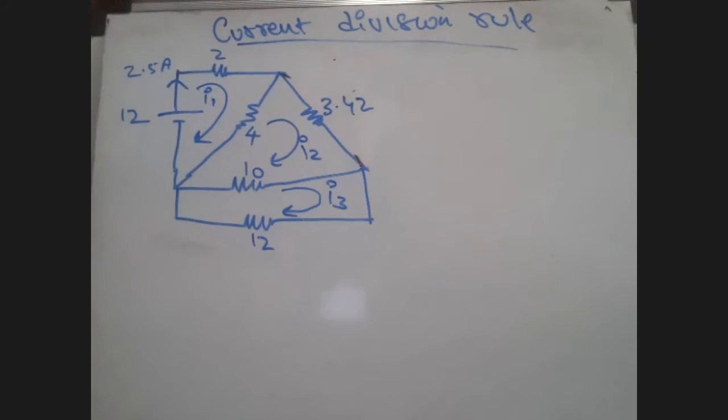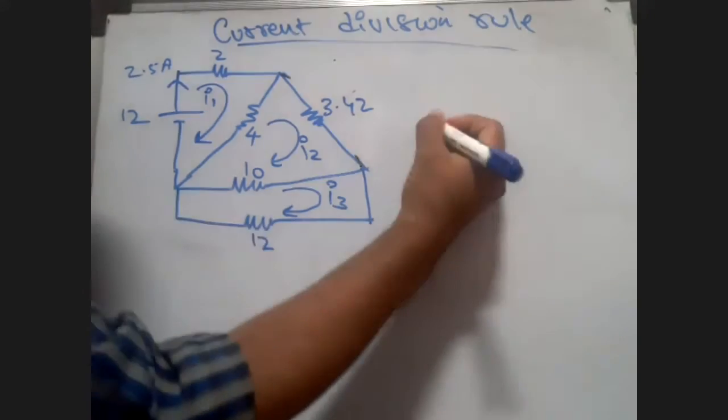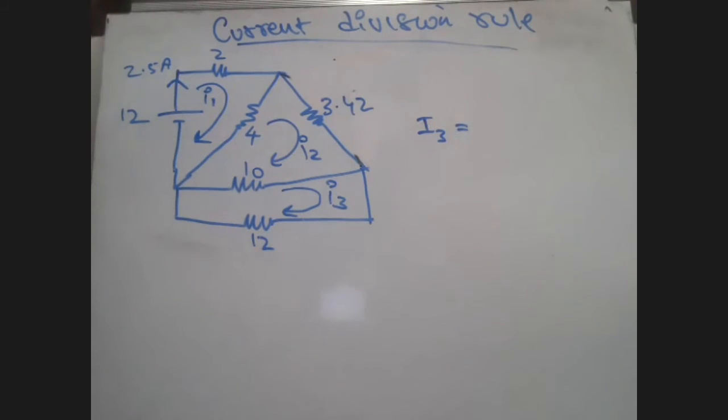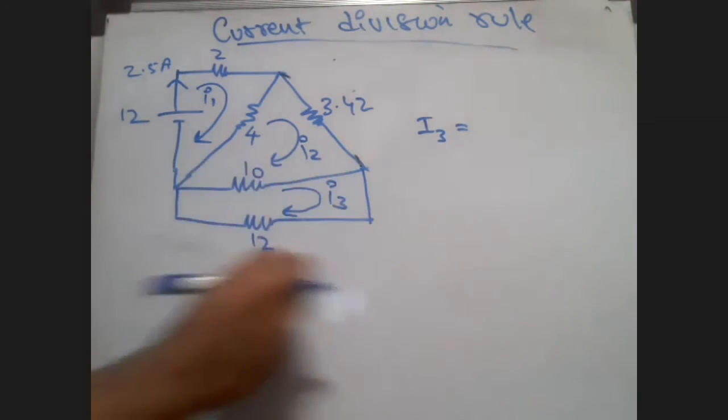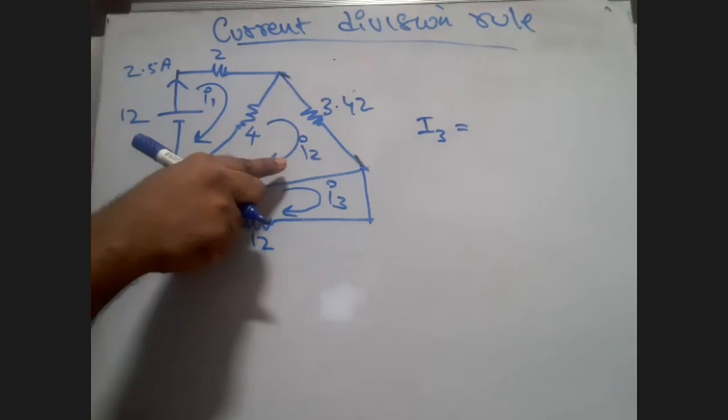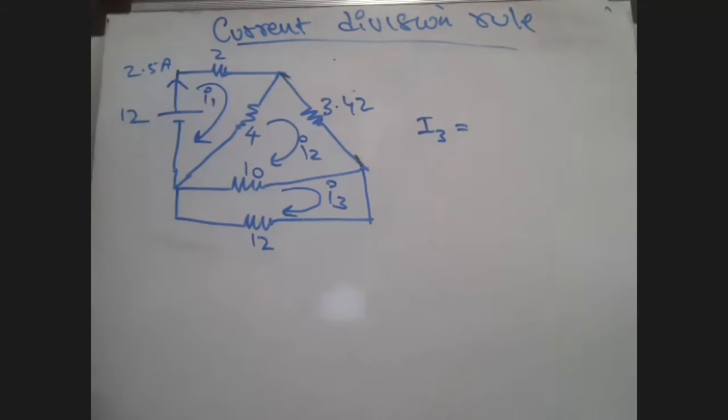Great, fine. Now look here. Using the current division method, can I say that I3 will be equal to the incoming current to this branch? What is the incoming current to this branch here? Is it I1 or I2?